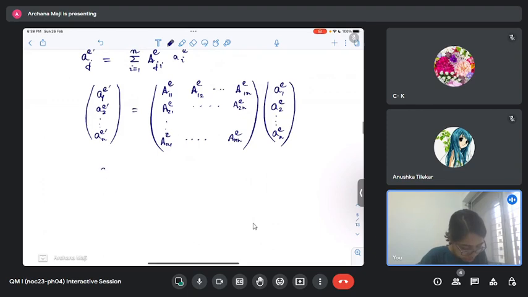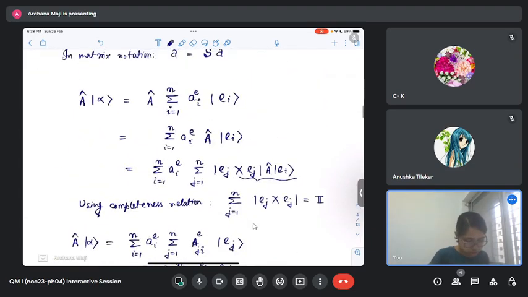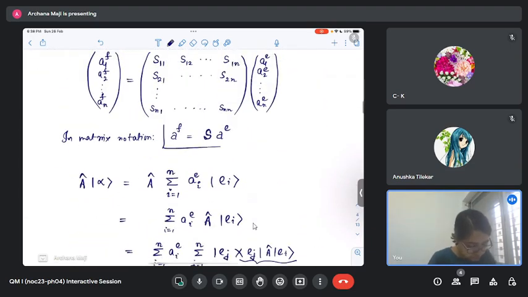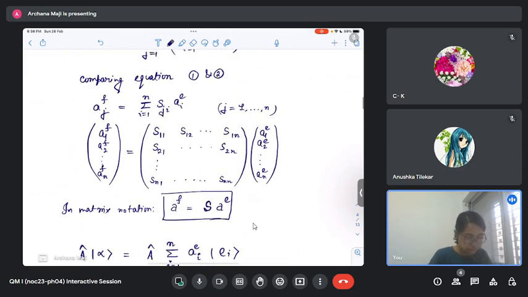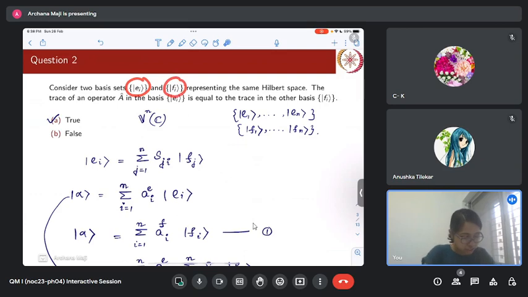Okay, so again in matrix notation, if I denote it as, then A vector in E basis. So we got another relation, and here we had this relation we got by using the fact that there are two basis sets in the same Hilbert space.